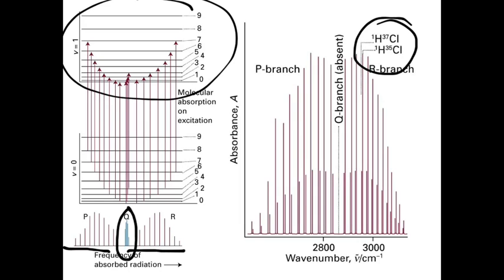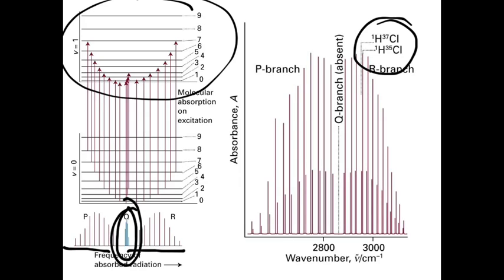If we have a delta J that's minus 1, we have a P branch. Now, not every molecule produces a Q branch, so this isn't always present in every molecule. Keep that in mind as we look at different things here. That's pretty cool, huh?